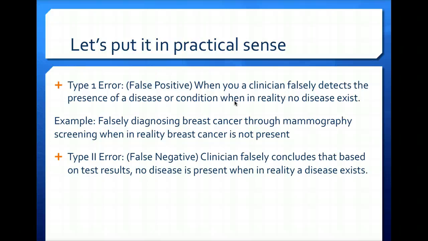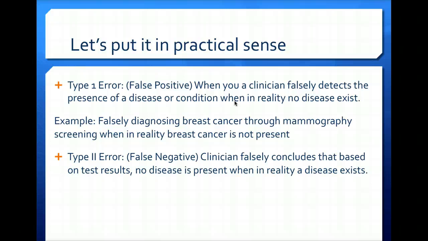Alright, so essentially type 1 error is a false positive. Now, previously I told you I was going to get to that false positive, and here it is. That type 1 error is a false positive. So when a clinician falsely detects the presence of a disease or condition when in reality no disease exists.